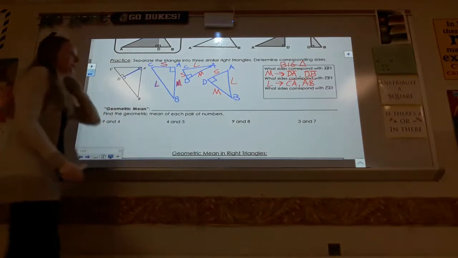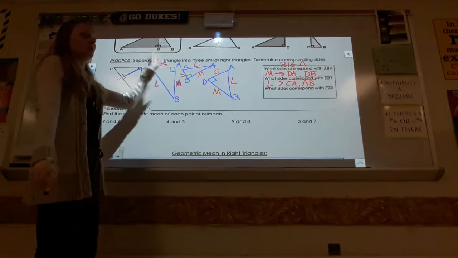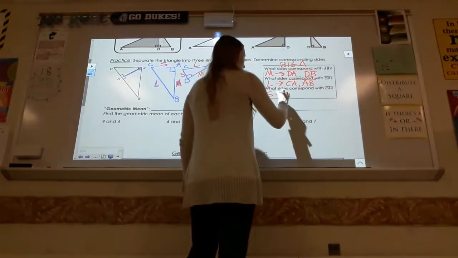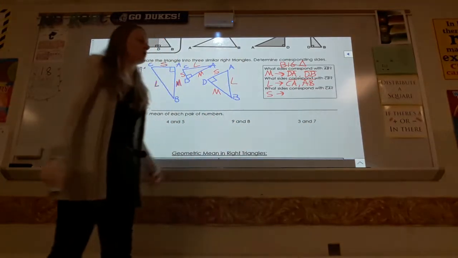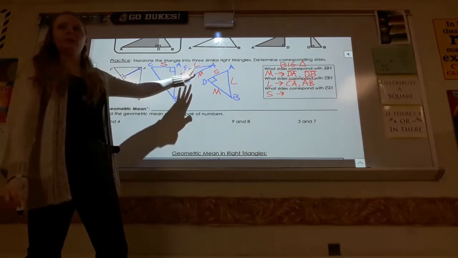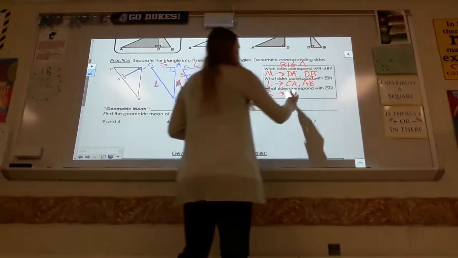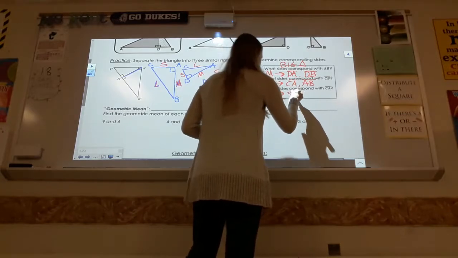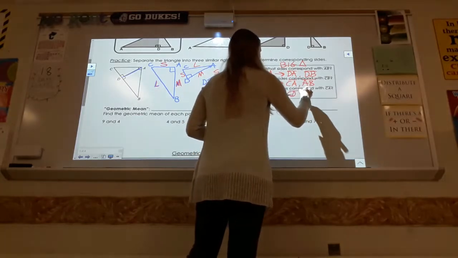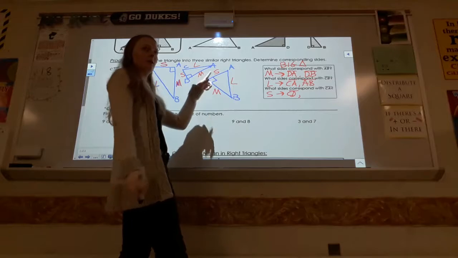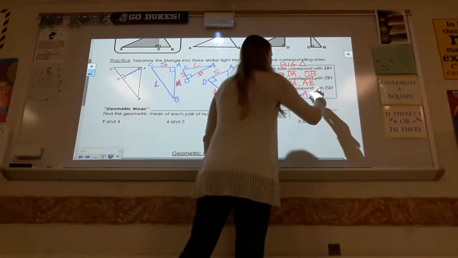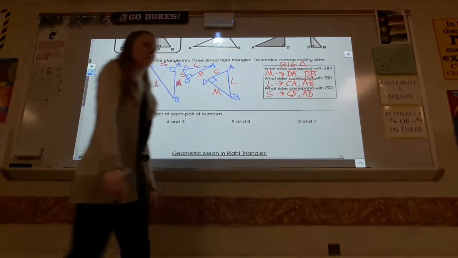Alright, and then lastly they want us to look at CA, which in the big triangle is the smallest side. So I'm going to find the smallest sides in the other two triangles. So it's the smallest one over here. Which one? CD. And what's the smaller one over here? AD or DA, doesn't matter what order you put them in.